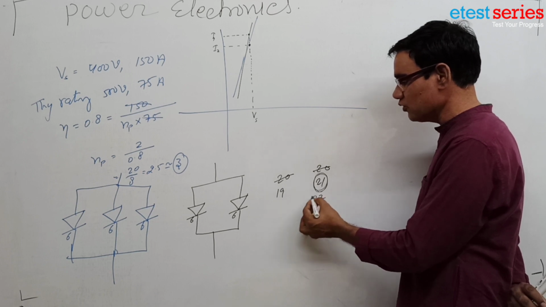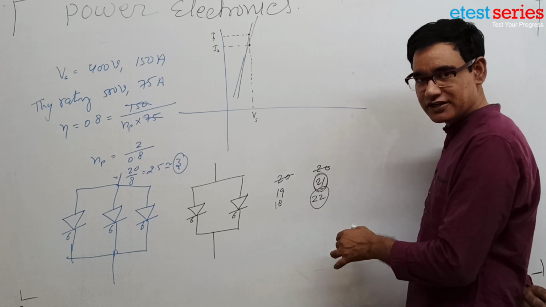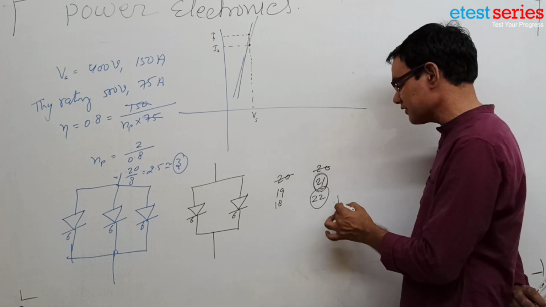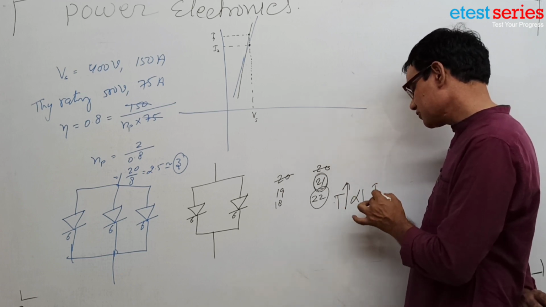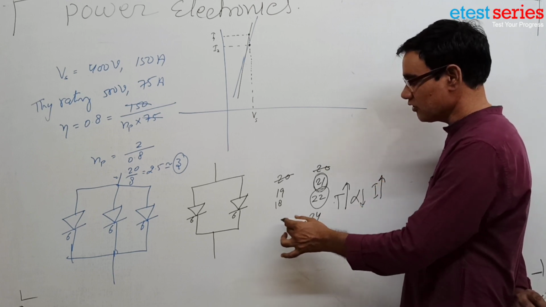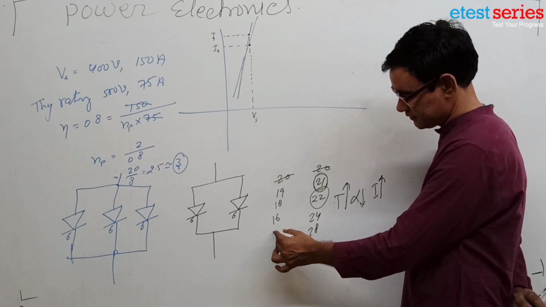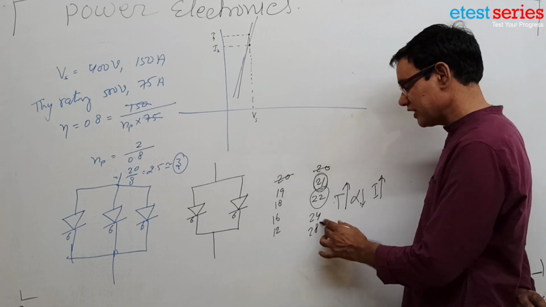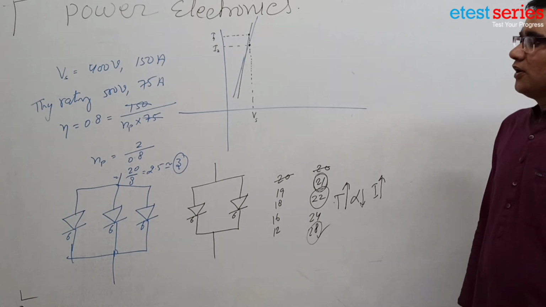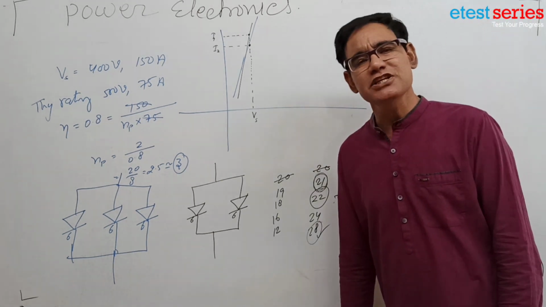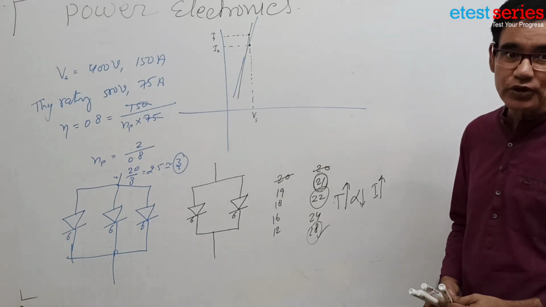So current becomes 22 and the other becomes 18. Further current increase, further resistance decrease, temperature rise, and due to temperature rise, with alpha negative, current is going to increase. So further the current is 24 and the other is 16, then 18 and 12 ampere. Finally this gets overheated and will burn out. So this kind of mismatching in the current should be avoided.